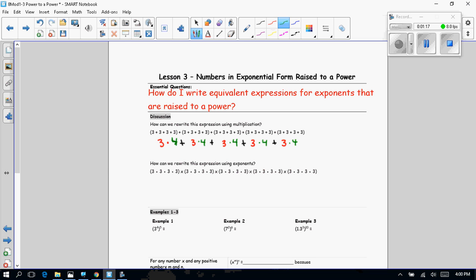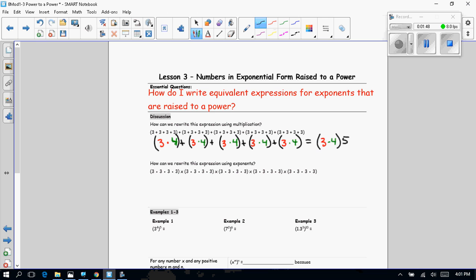Just 3 plus 3 plus 3 plus 3 is just 3 times 4. It's a lot faster to do it that way. Well, how many 3 times 4s do I have? I've got 1, 2, 3, 4, 5 of them. So couldn't I, instead of writing it out with the addition, say I have 3 times 4, and I have 5 of those?